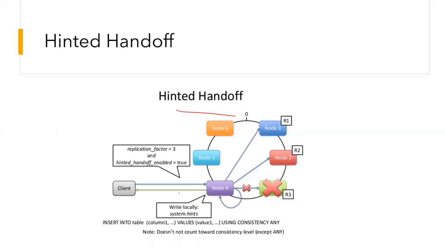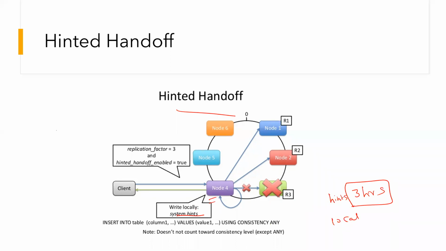In that case, it is trying to write to 3 nodes and one of the nodes is down, so it creates something called a hint. The hints are written locally to the coordinator node, and by default it keeps the hint for 3 hours. I didn't look at the recent documentation, but it generally keeps the hints for 3 hours locally.